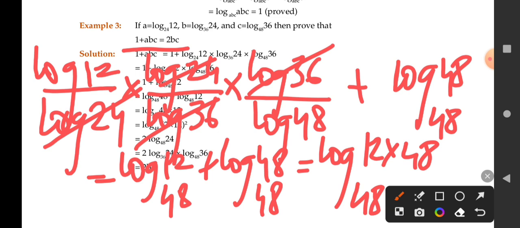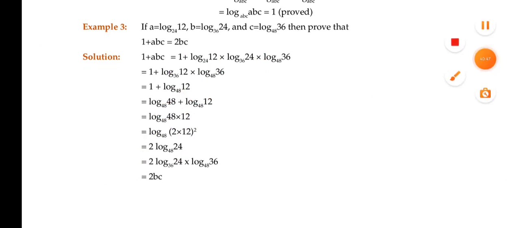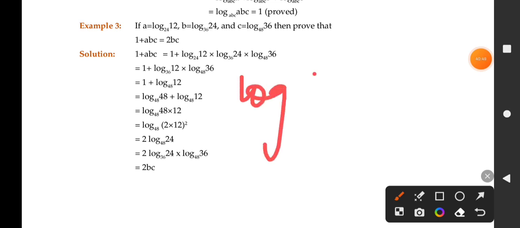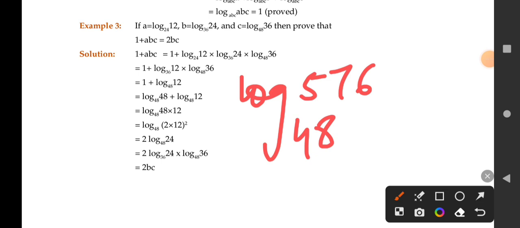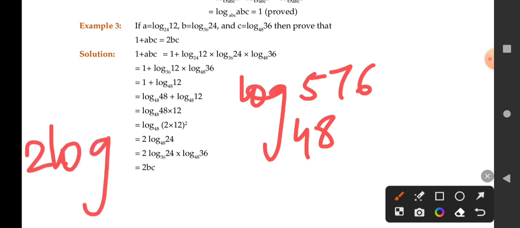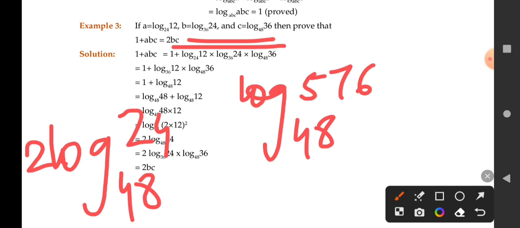You got log 576 to the base 48. So 576 is the square of which number? 24. So 2 log 24 to the base 48. So how can you write in terms of B and C, since you have to prove 2BC?